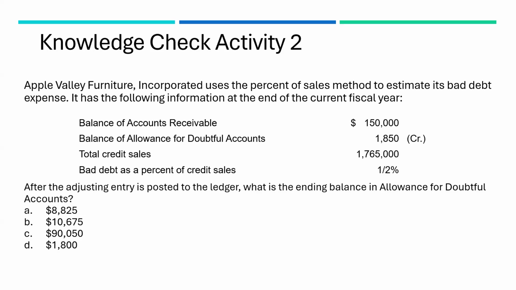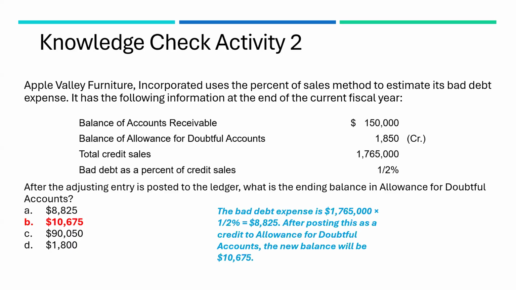Apple Valley Furniture uses the following method to estimate bad debt expense, and this is its information at the end of the year. And so we need to take 0.5% of 1,765,000, which would be $8,825.